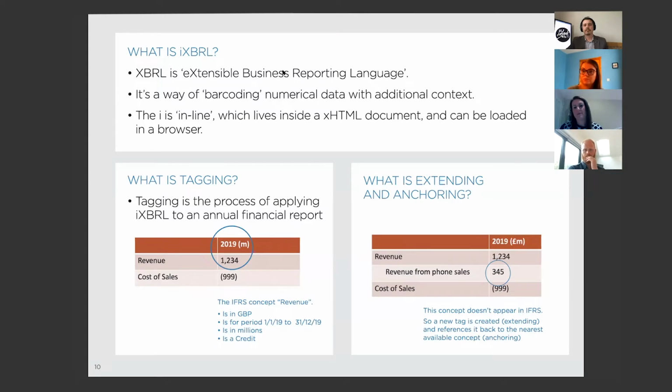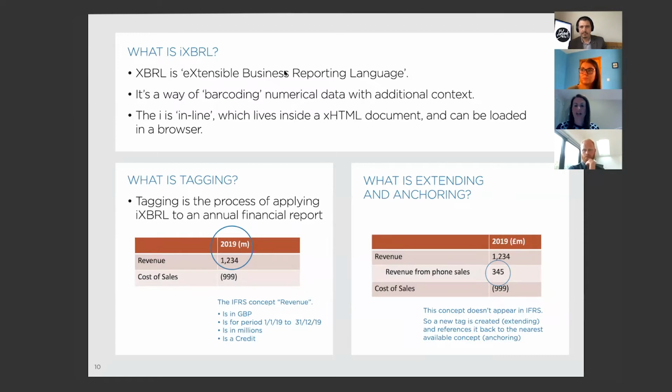Then there will be some items on your primary statements that don't exactly fit an IFRS concept. In that case, this is where it becomes a little bit more complicated. We have to do what's called extending and anchoring. So we will create an extension, and in the example I've got here, that would be revenue from phone sales.